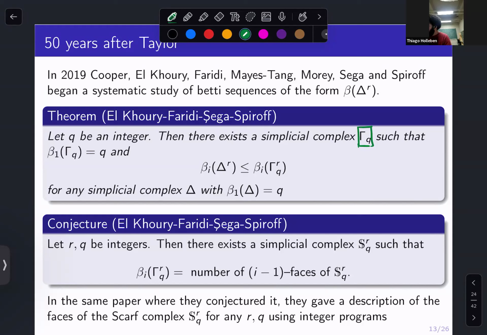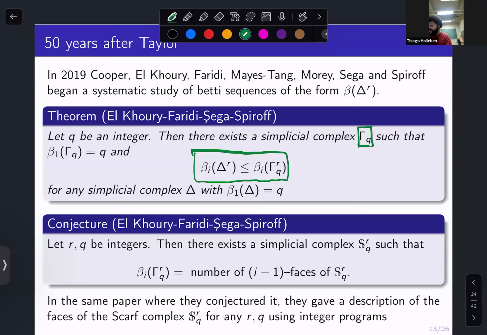And when you look at the powers of gamma q, it maximizes the Betti sequence. Okay, so whenever you have a delta where the first entry is q, this gamma q is going to maximize the Betti sequence.